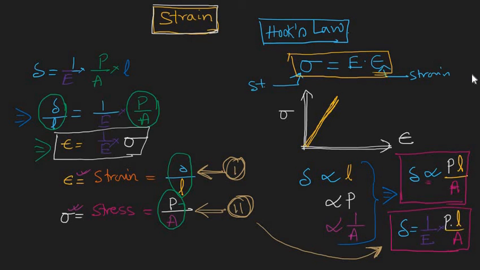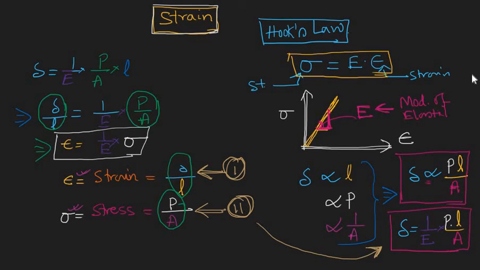And here you can see the slope, let me use a different color. This slope is nothing but your constant E. Now what is this E? Well, this E is known as your modulus of elasticity.